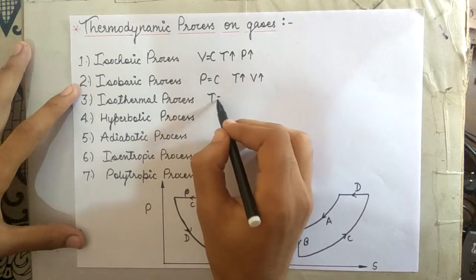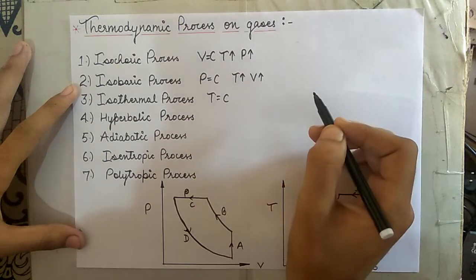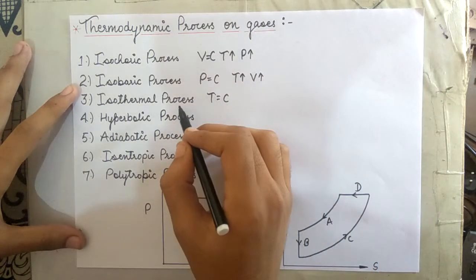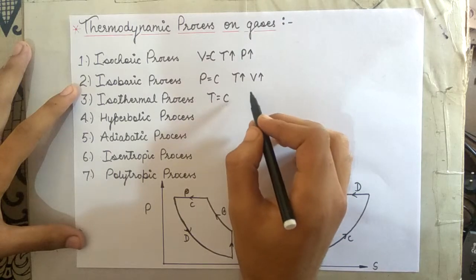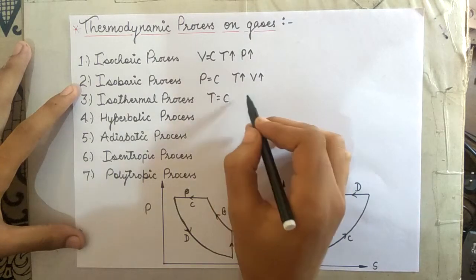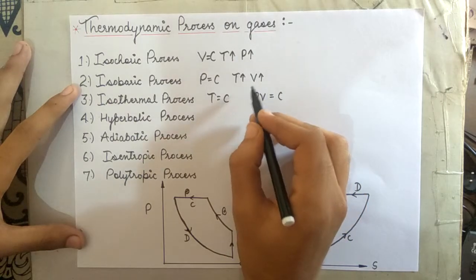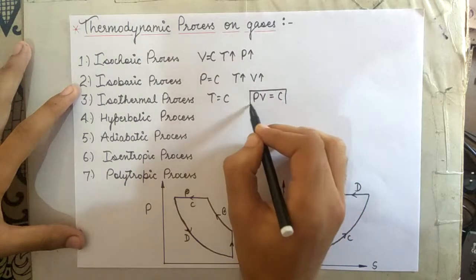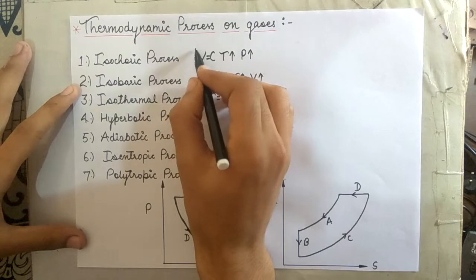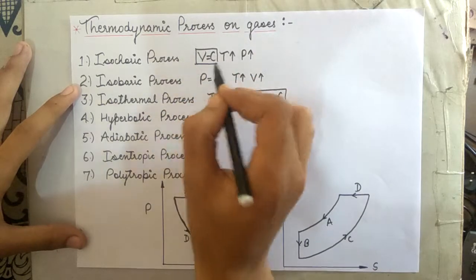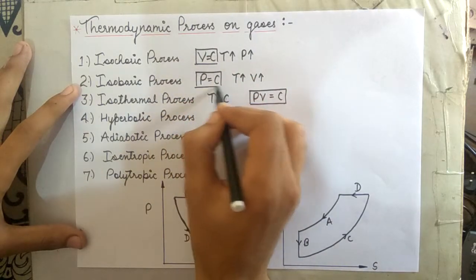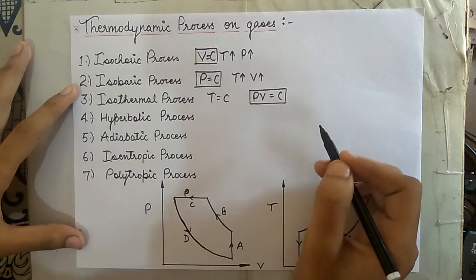So temperature will remain constant. And as we know, the expression of isothermal process is PV equals constant. Here in isochoric, volume will be constant, and here in isobaric, pressure will be constant.